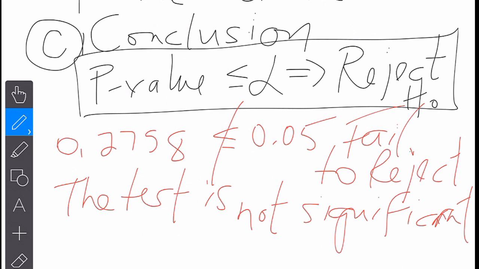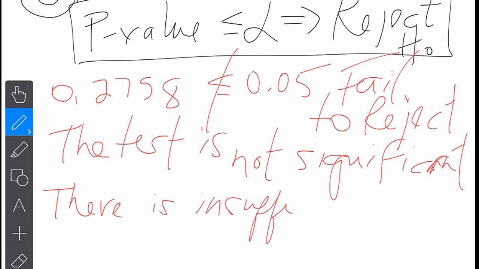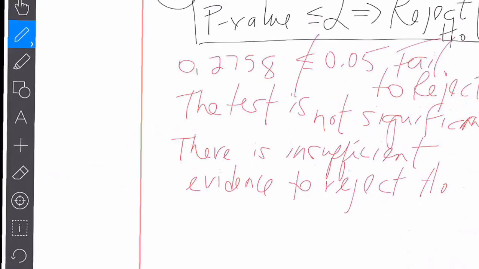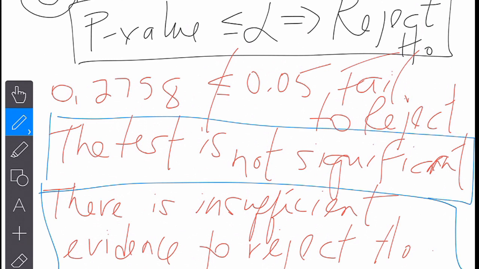I'm going to say there is insufficient evidence to reject H naught. Okay, but that's not so descriptive. Let's be more precise because I could say that anytime, right? So that's a statement I could make in general, and this is also a general statement. But let's be more specific about this problem.